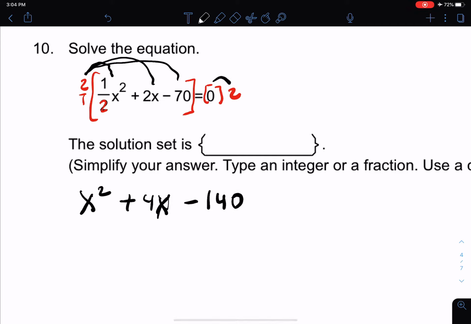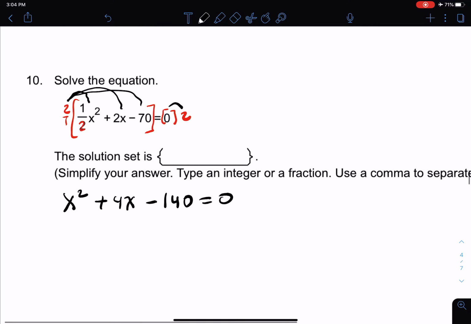And 2 times 0 is just 0. Okay, so clean that up a little bit. So we have, now the numbers did get bigger, but you don't have fractions. So it's definitely a huge plus. And even better than that, wait a minute, that's a 1. This is going to be easy.